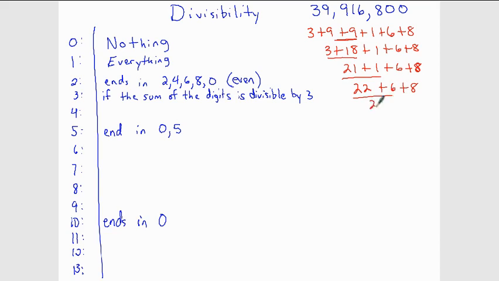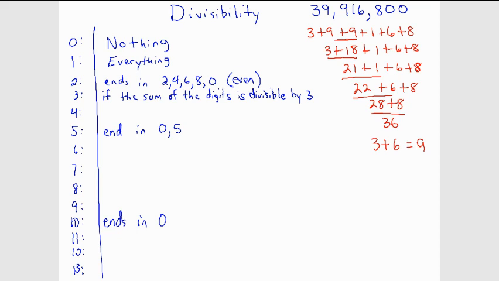We get 28, and then we get 36. So yes, this is divisible by 3. And you can repeat this as many times. If I, for instance, didn't know that 36 was divisible by 3, then we can repeat it one more time. 3 plus 6 is 9, and then I know 9 is divisible by 3. So we're good. This number is divisible by 3.